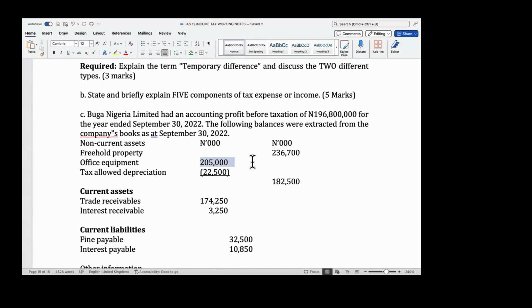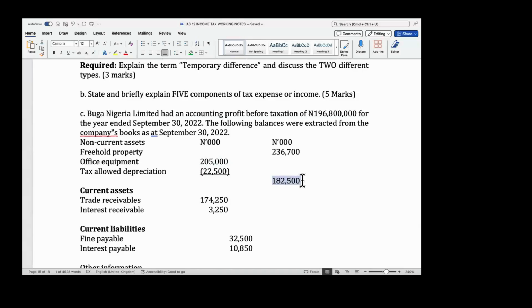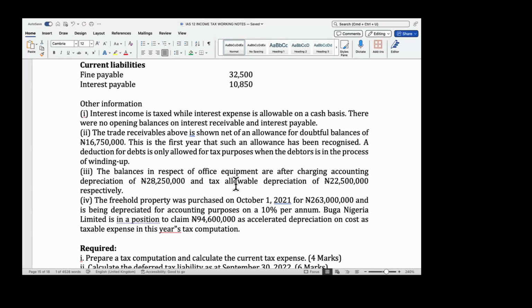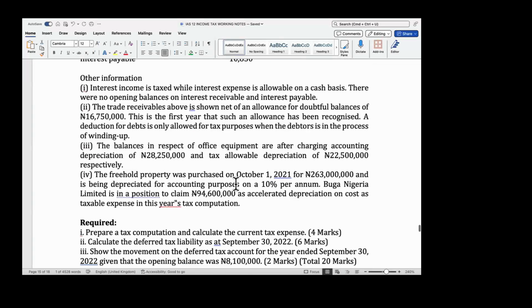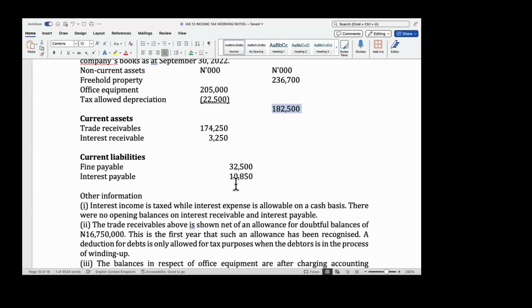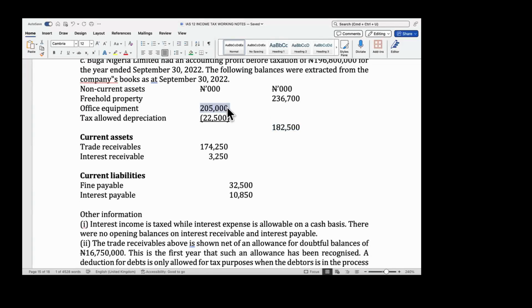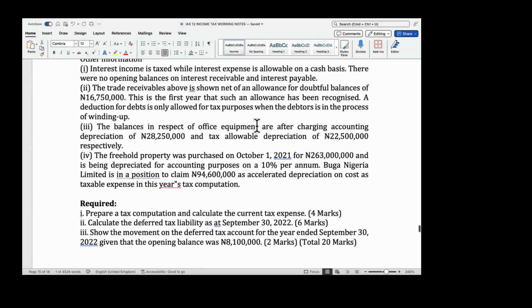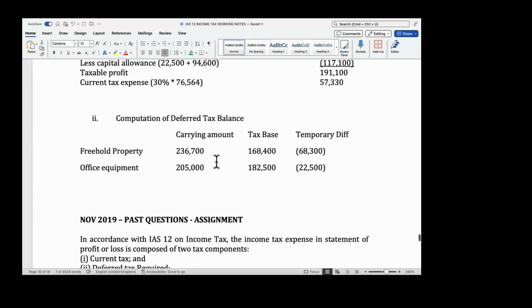It's better you use this as your carrying amount and this as your tax base. The question is not explicit because they didn't give us the cost and all of that. Maybe the depreciation and capital allowance were the same figure at the beginning. I don't have those details for that kind of working. When I don't have so much detail, I don't do anything complex. I keep it simple. I use the figure on the face of the account as my carrying amount. Since the examiner has deducted the capital allowance for me, I use this as my tax base. So don't start adding back and deducting. You would mostly be wrong in those cases. That's what I would advise here. But you actually make sense, the question just wasn't that explicit.